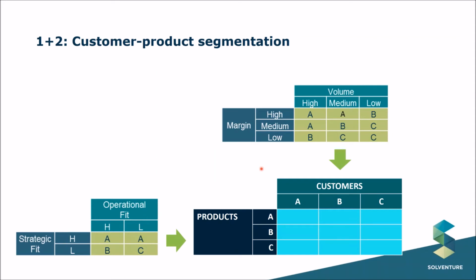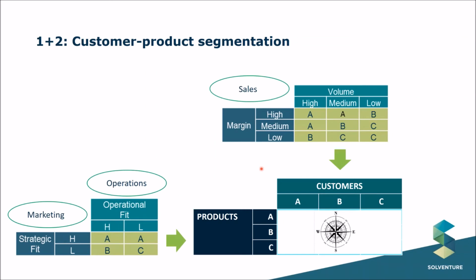What's very interesting here is that you involve not only salespeople, not only operations, not only marketing, but you come up with a segmentation which actually represents your whole organization. And that will give you the compass for your strategy. And that links back to what we mentioned previously with the CEO. So the CEO should be the sponsor of that specific project.